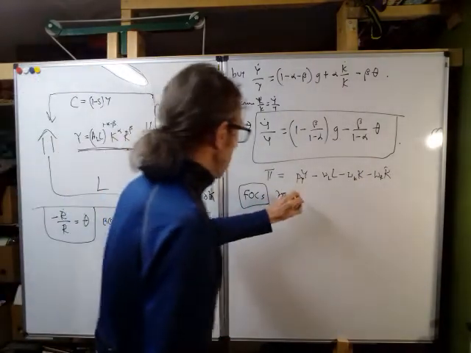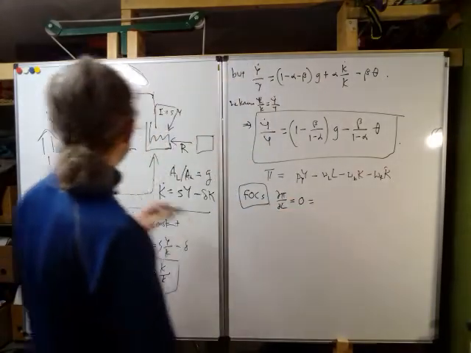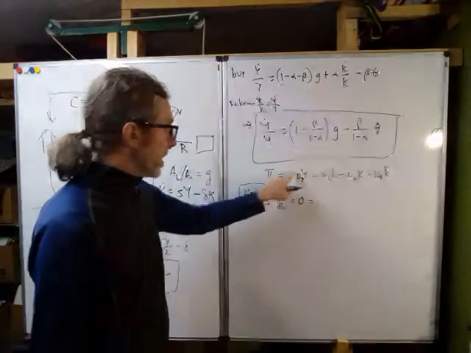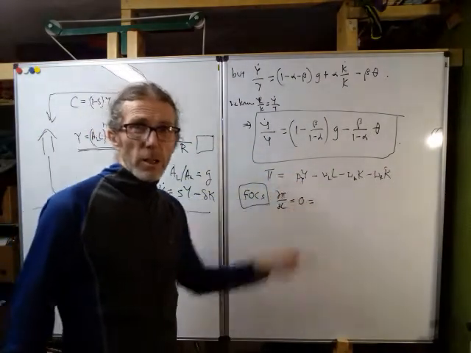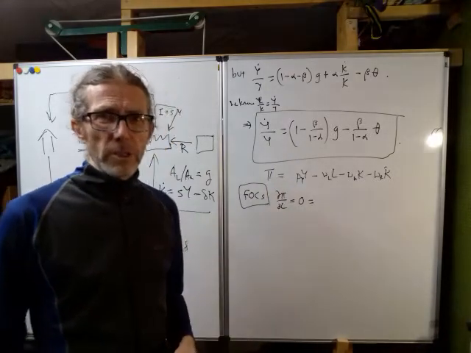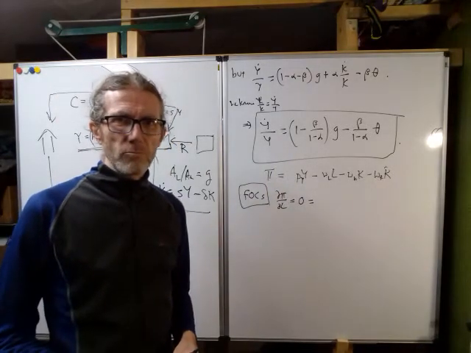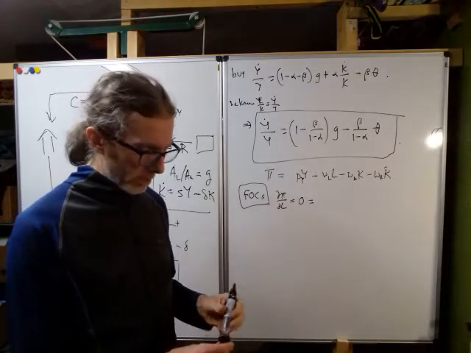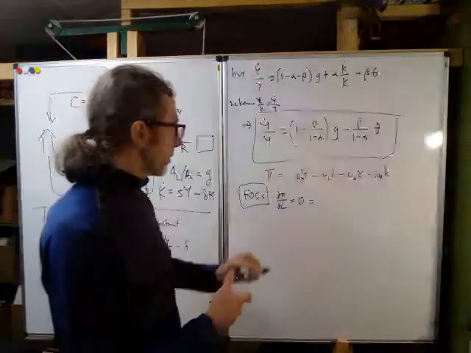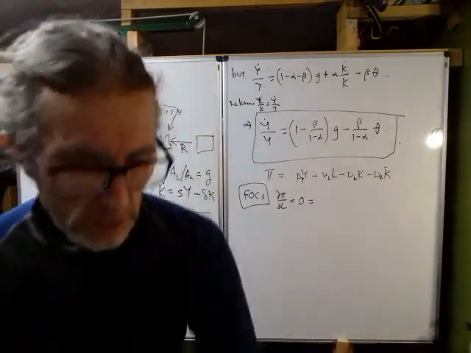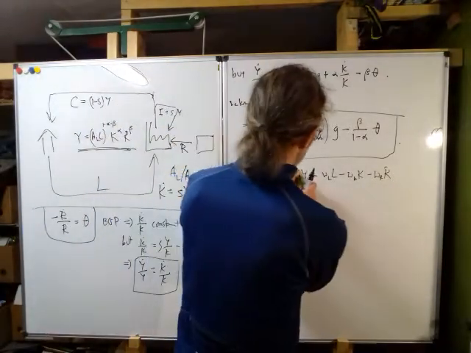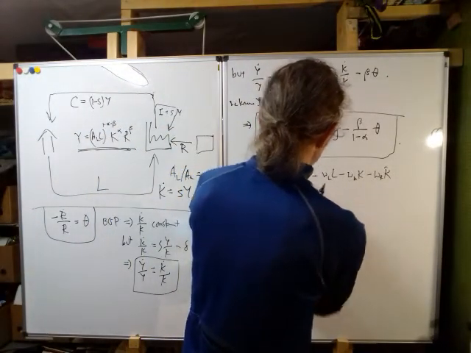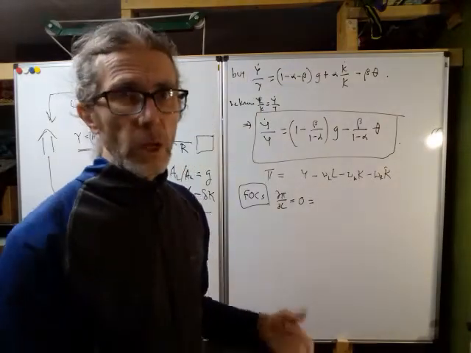d pi by dL must be naught, and it's equal to, oh yeah, and p_y, that's the price of the final good. What do we often do with that in macro models? We normalize it to 1. Okay, and often, possibly slightly carelessly or confusingly, we just wipe it, because we say, oh, it's 1.